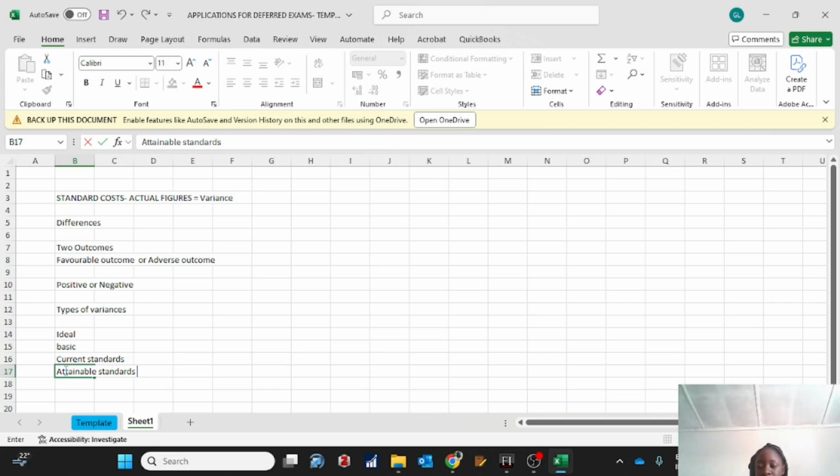Why? Because with grades, you can even get marks out of 100, so it's something that is attainable. Even if I'm not pursuing it at this point in time, it's something that I can achieve, and I just set a goal to say, this is what I want to be. Those are what we call attainable standards. So these are the main four types of standards in variance analysis.